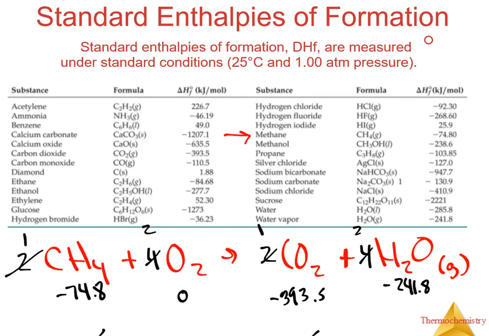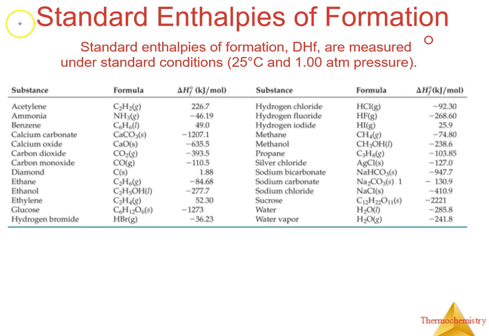Alright, now. It's not that bad. Standard enthalpies of formation. These are very simple as long as you are very attentive to detail. So, standard enthalpies of formation, or delta Hf naught, are measured under standard conditions. Now, you've seen the word naught with a little circle.